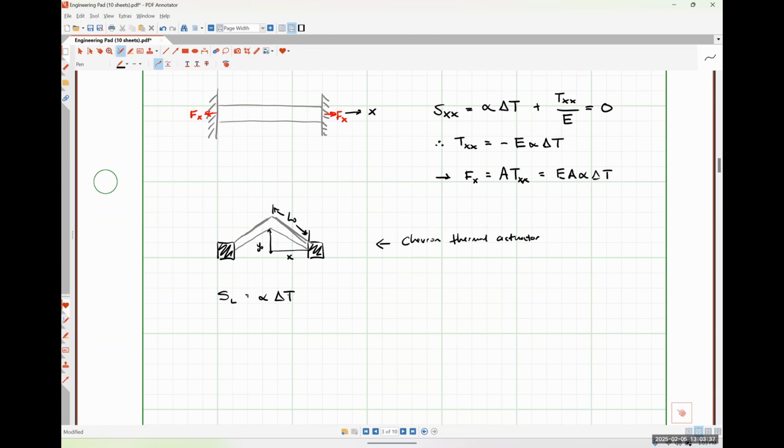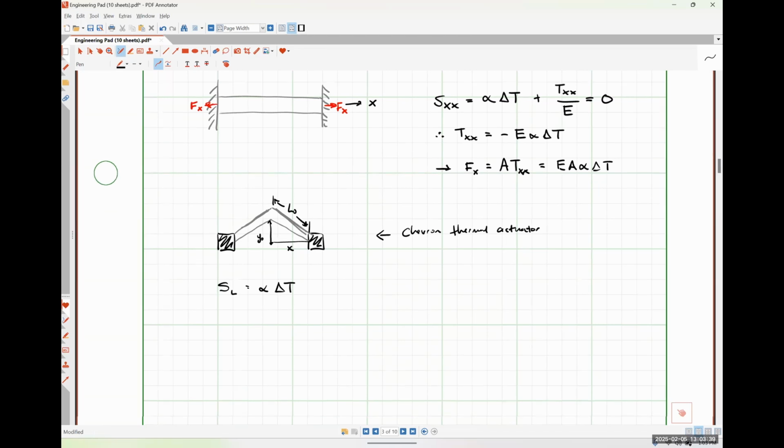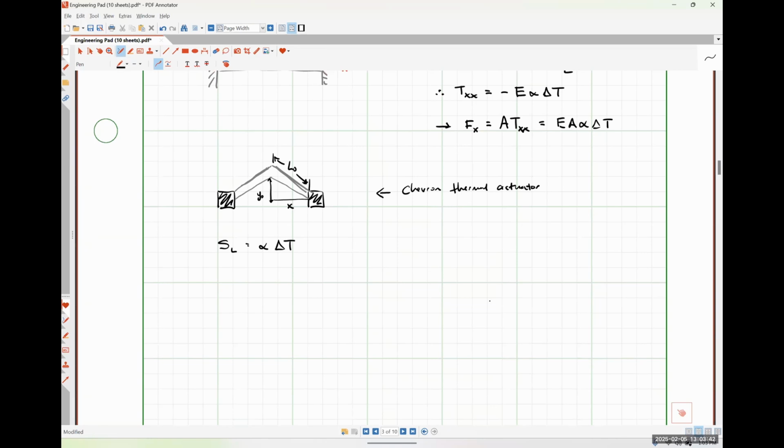Nothing wild or crazy there. And assuming a uniform strain, then our change in length, delta L, is going to be just S_L times our nominal length L naught, right? So this is how much it's going to want to deform. This is just effectively a beam in extension, okay?